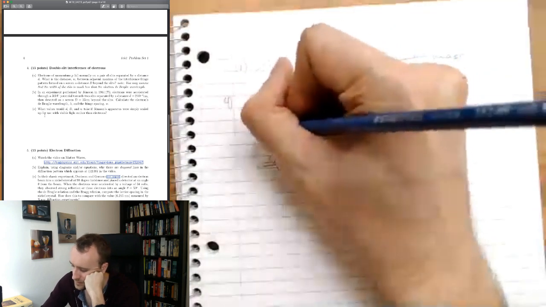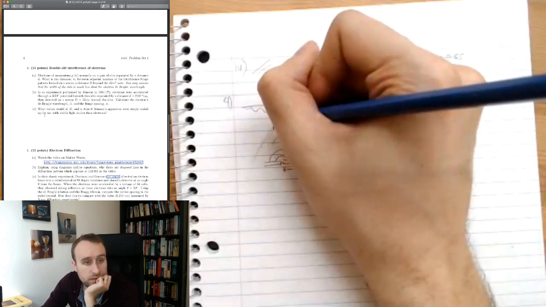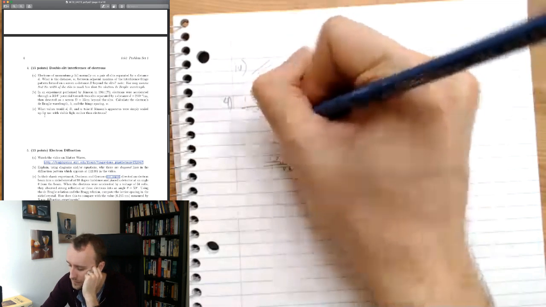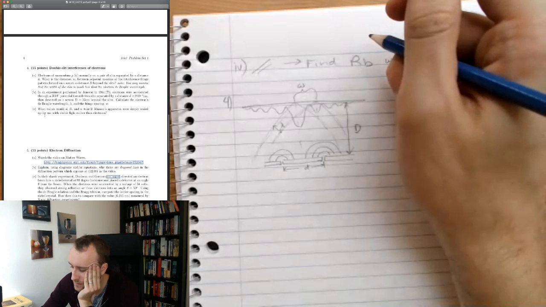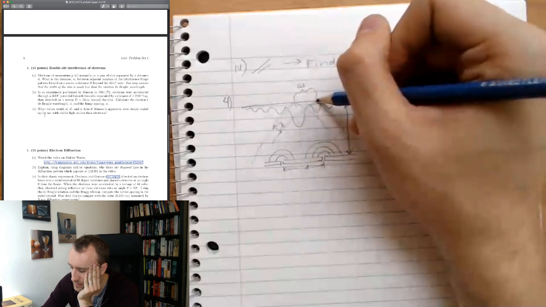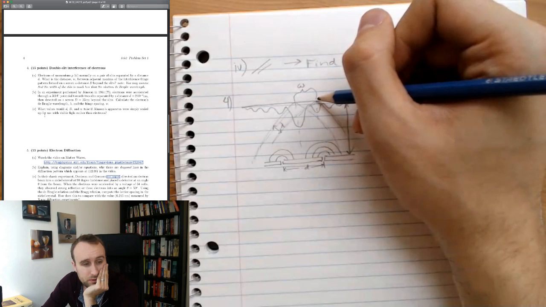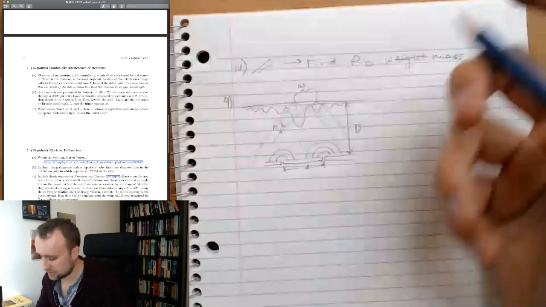So we know that this distance is going to be the wavelength of the electron. Is this electron? Yeah, electron. That doesn't necessarily correspond to this. I think this is a trigonometry question that we can just do with trigonometry. So let's try to do it with trigonometry.